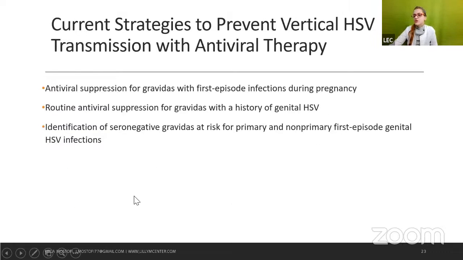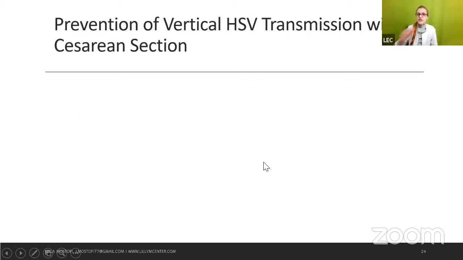And create a strategy to prevent vertical HSV transmission with antiviral therapy: antiviral suppression for gravidas with first episode infection during pregnancy, routine antiviral suppression for gravidas with a history of genital HSV, and identification of seronegative gravidas at risk for primary and non-primary first episode genital HSV infection. Also, prevention of vertical HSV transmission with cesarean section.